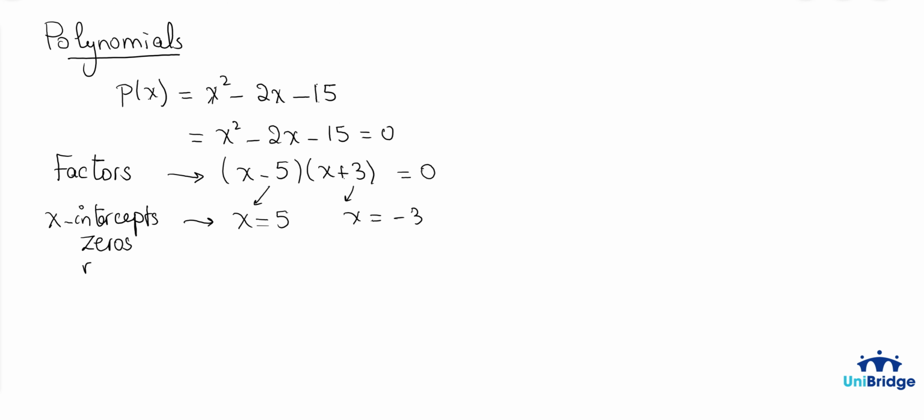And the last name for it is the roots of the polynomial. So the roots of the polynomial are said to be 5 and -3. Again, it's the same as saying the zeros of the function or the x-intercepts of the function. All of these translate to the values of x where y is equal to 0.